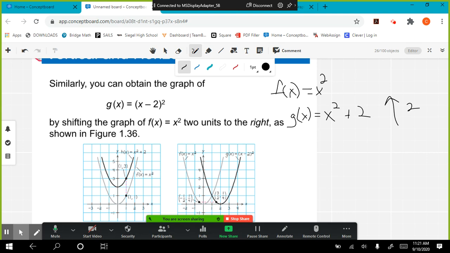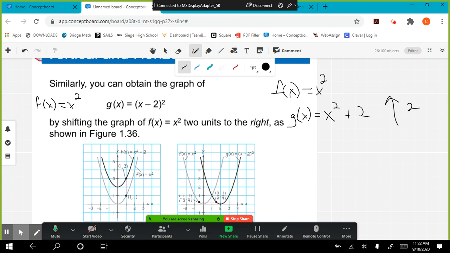Here, we're not adding 2 or subtracting 2 from the entire function. Here, if we start with f of x equals x squared, notice what we did is we subtracted 2 from the variable x before we squared it.